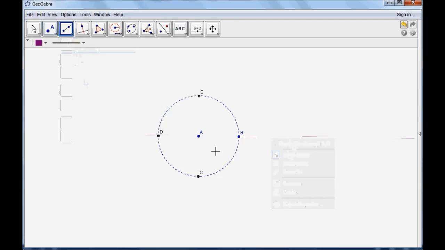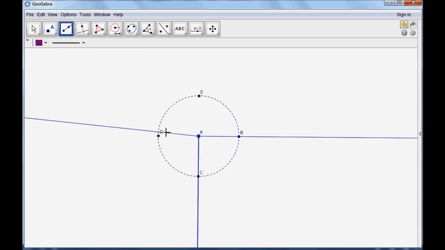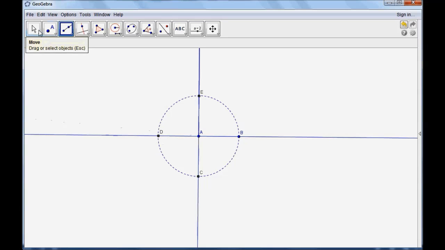And then I'm going to go back and change their colors. So go A to B, A to C, A to D, and A to E. Okay? And now let's change the colors of these rays. So this will be the red ray. And then I'm going to change this one.